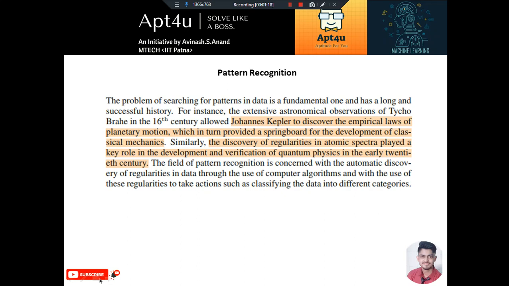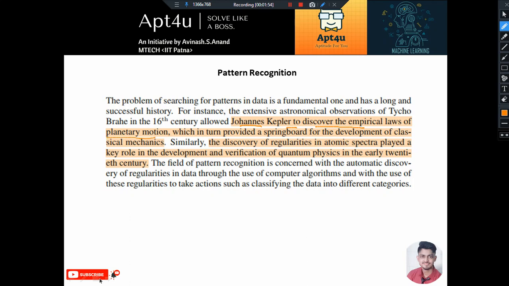There are certain examples from the past which show how important pattern recognition actually is. For example, the extensive astronomical observations of Tycho Brahe in the 16th century allowed Johannes Kepler to discover the empirical laws of planetary motion.